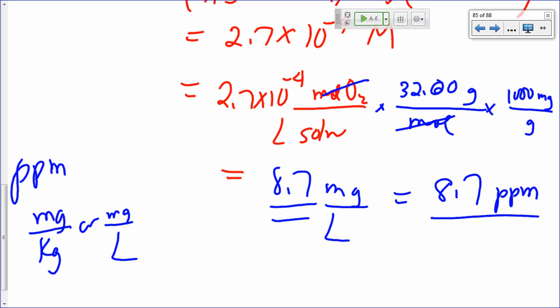So this is equal to ppm only when you're dealing with very dilute solutions, and that's usually the case where you use ppm anyway. For as long as you're dealing with aqueous solutions, milligrams per liter is essentially the same thing as milligrams per kilogram, or ppm. So 8.7 ppm is as much oxygen as you can dissolve in the water.